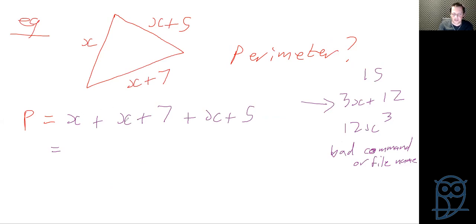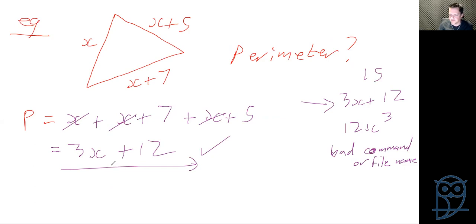So x plus x is 2x, not x squared. Plus x is 3x. And then 7 plus 5 gives me 12. Just that simple.